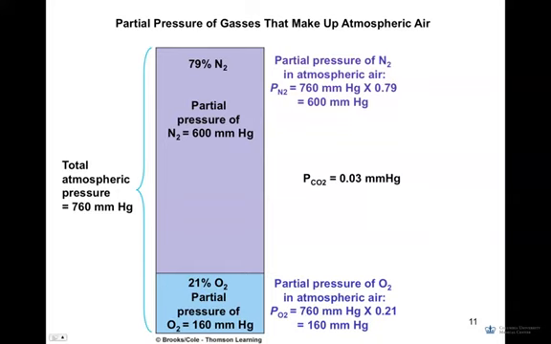So the PO2, which denotes the partial pressure of oxygen, is equal to 160 millimeters of mercury. Okay? And we said that there is a trace amount of carbon dioxide in the atmosphere, so the PCO2, or the partial pressure of carbon dioxide in atmospheric pressure, is 0.03 millimeters of mercury. So you can see it's really very, very small.